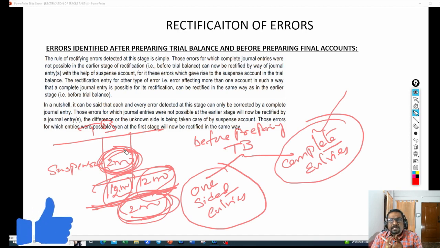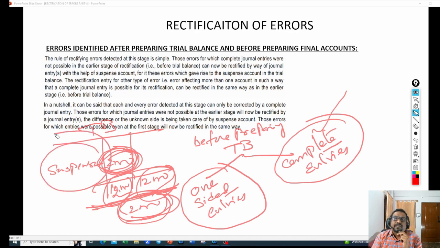Let me repeat again. If it is a one-sided impact, you give an impact to this account and the other leg to suspense account. That is the reason, even though there is a one-sided impact identified in trial balance or in ledger, that will be rectified by posting a complete entry only.